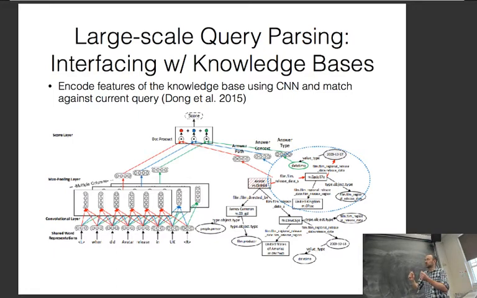And they embed them all together, and then they do a retrieval type thing where they match what is said in the sentence to the answer path, what is said in the sentence to the answer context, and what is said in the sentence to the answer type.